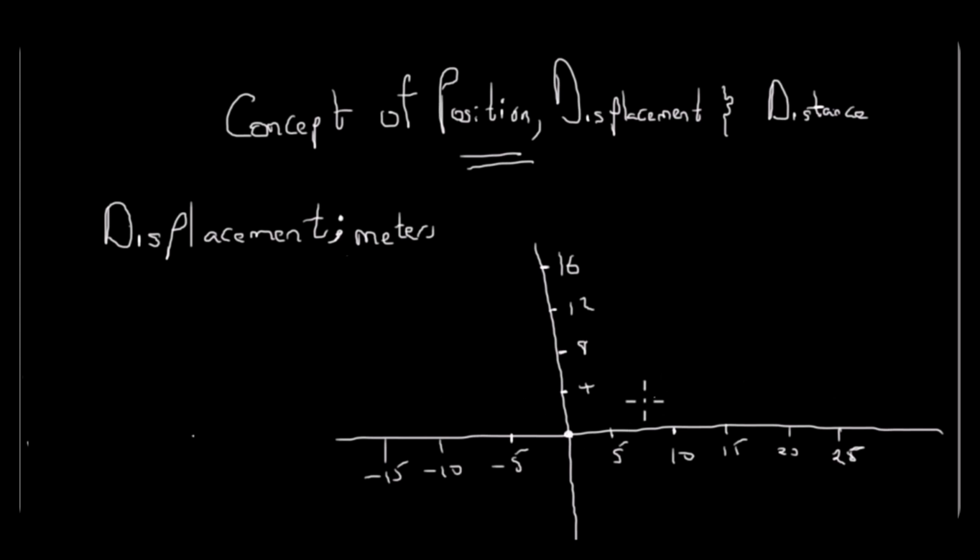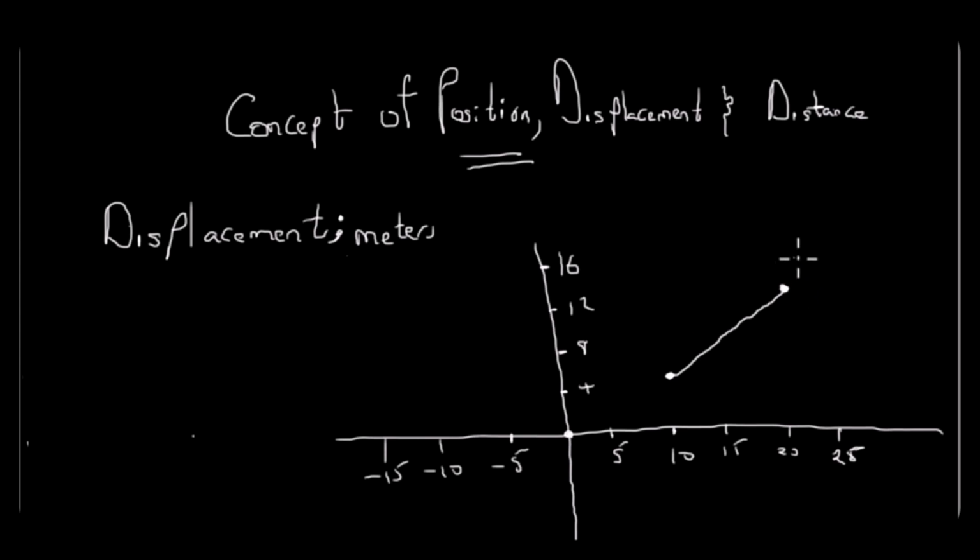All right. So if I were to have an object at this point initially, and then I have an object at this point finally, because like our definition, shortest path between 2 points, displacement.